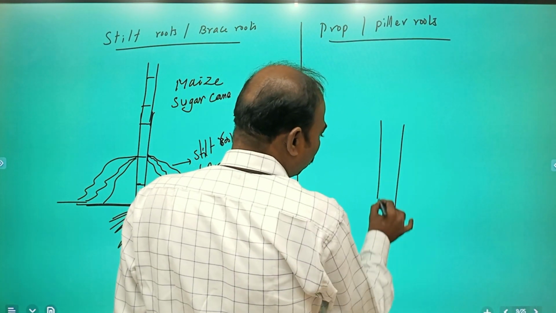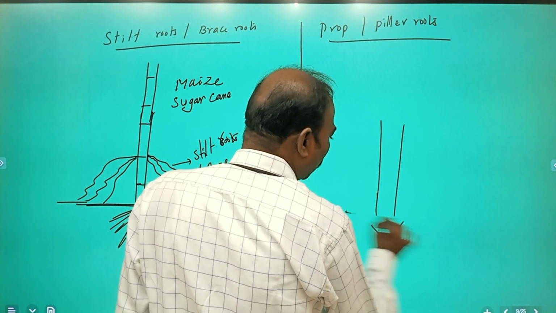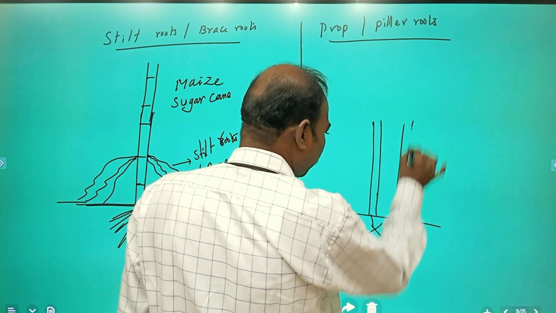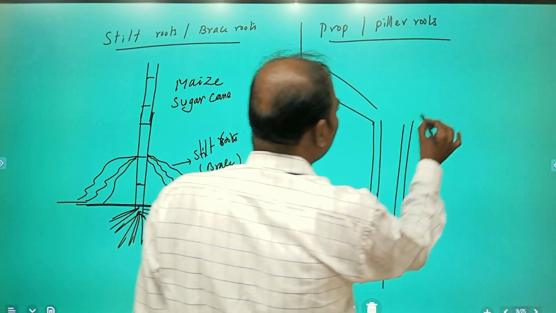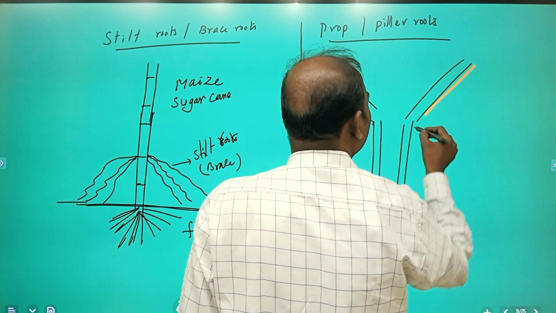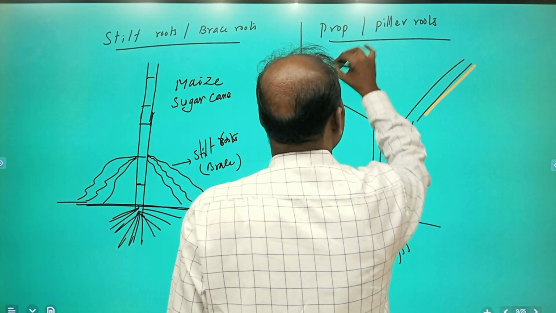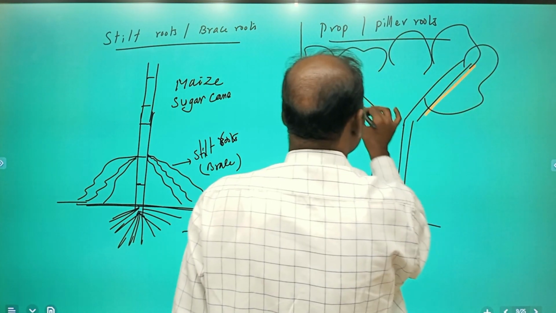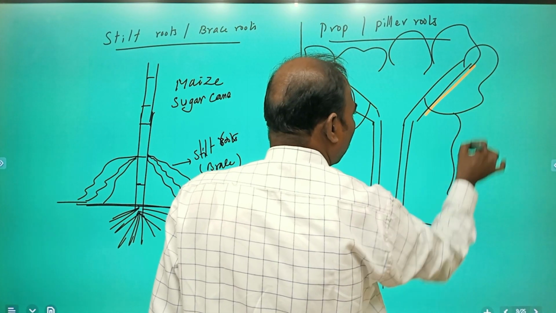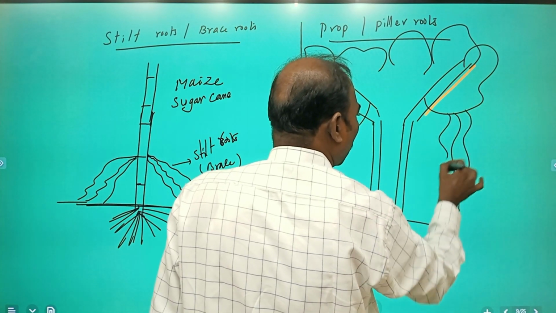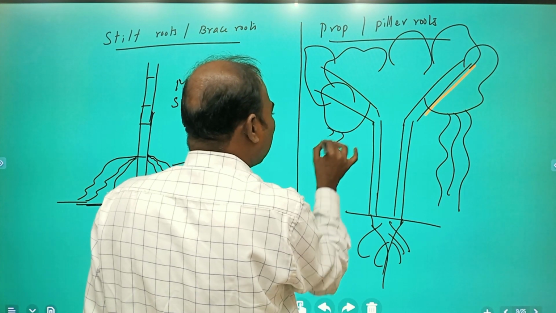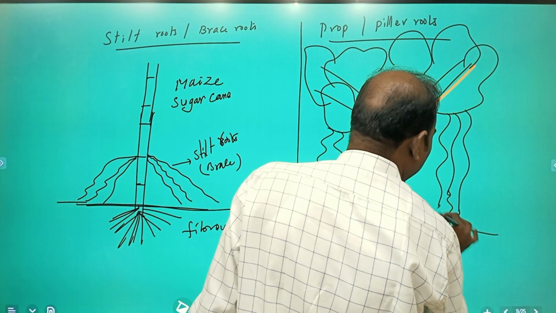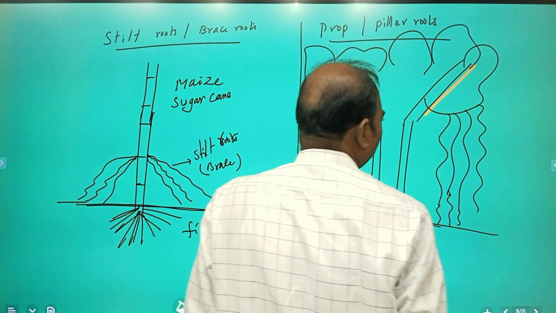In the banyan plants, apart from the main root, the aerial branches of the banyan plant produce pillar-like roots which hang from aerial branches, touch the soil and give additional mechanical support.